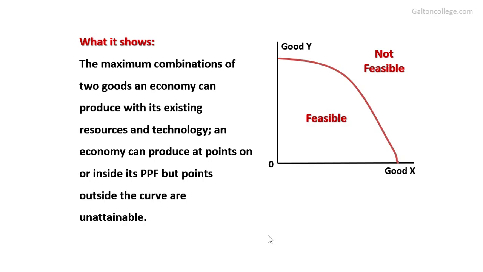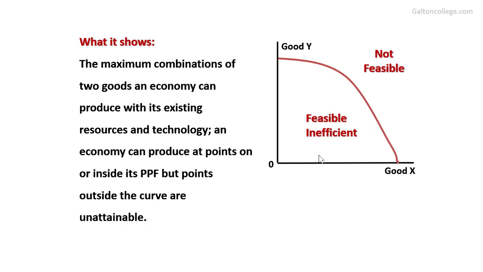Points inside the frontier are feasible. Points outside it are not feasible. We can't get them. So the curve is emphasizing that. We could also say that points inside here are inefficient. And they're inefficient because we could produce more. We could reorganize our factors of production, our way of working, and produce more.